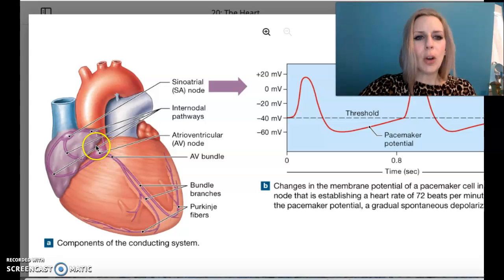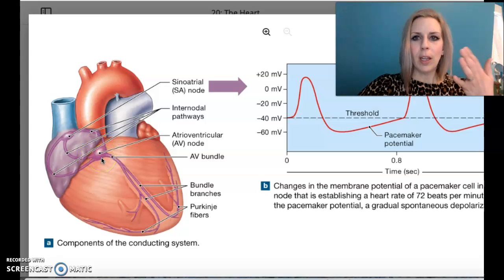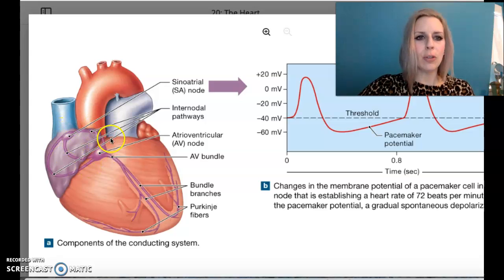The AV node will grasp the impulse coming from the SA node along these internodal pathways and send the impulse down the AV bundle to these bundle branches. Now this is running along your interventricular septum between the right ventricle and the left ventricle.